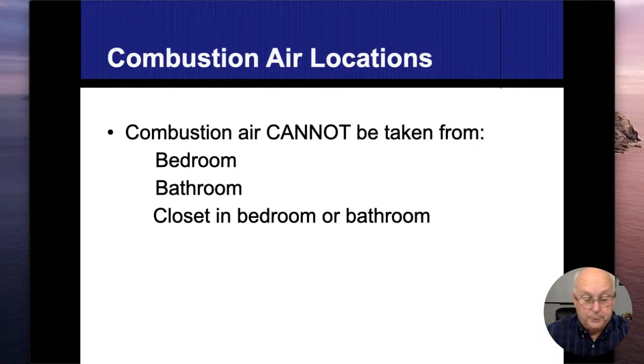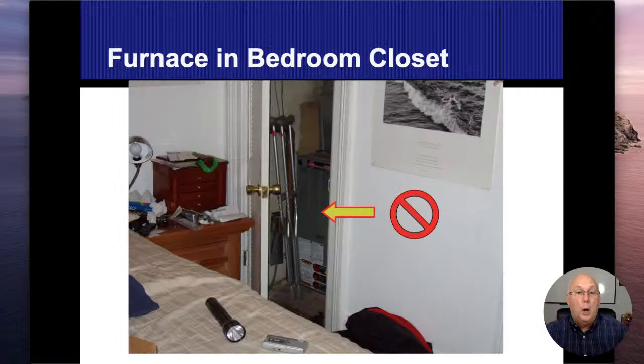This is a golden rule. It does need to be committed to memory. So combustion air, again, that's the air that I need to make the fire. Combustion air cannot be taken from a bedroom or a bathroom. All right. And that closet that's in the bedroom or the bathroom, even though it says it can't be taken from the closet, it all depends on how it's set up.